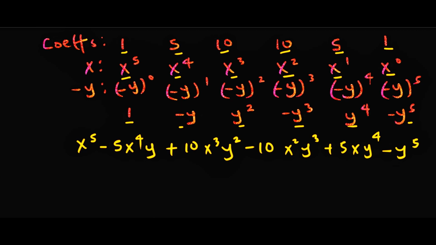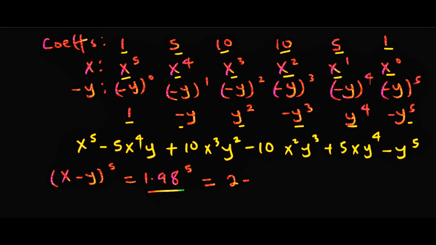So now we want to use this to solve the numerical 1.98 raised to power 5. So remember what we had was x minus y raised to power 5. So we're going to compare this with 1.98 raised to power 5. So what we need to do is write 1.98 as a binomial.